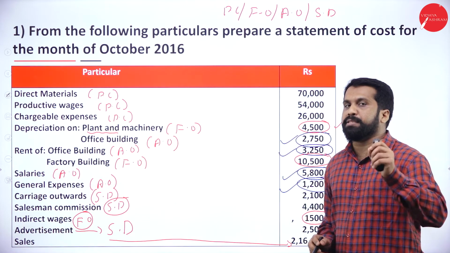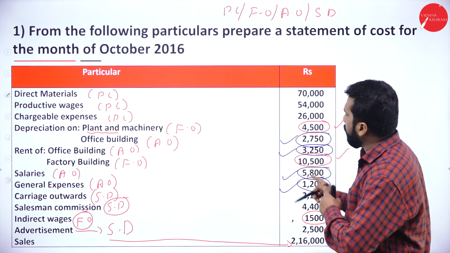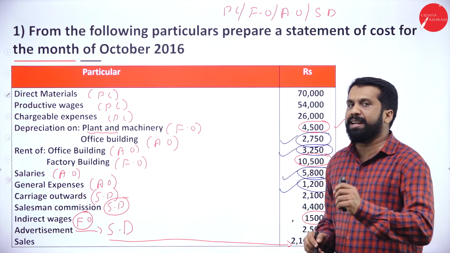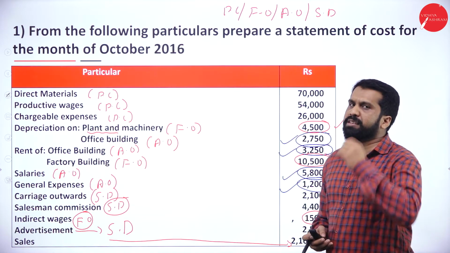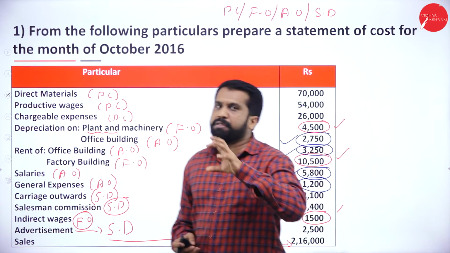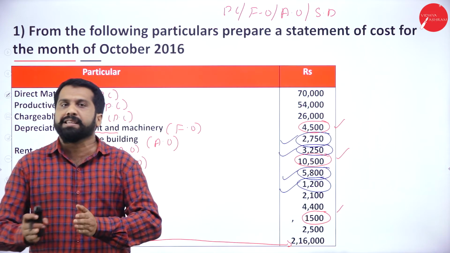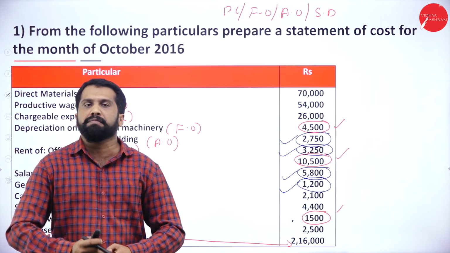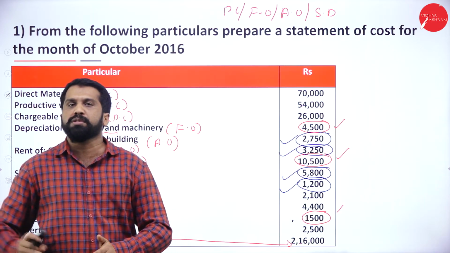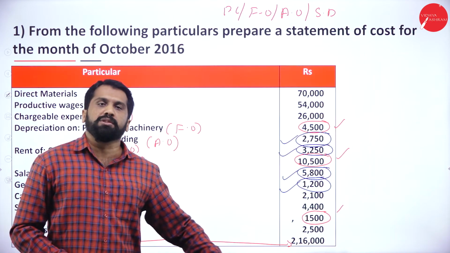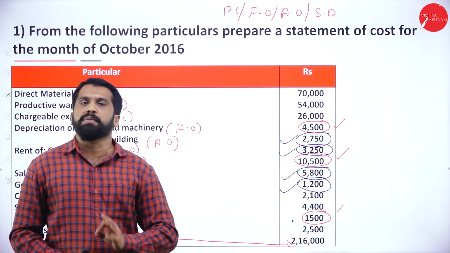So which are the items I'm mentioning in blue? All belongs to office and administration. It is very simple. They have given everything in a box. Just you have to segregate which goes to factory, which goes to office, which goes to selling and distribution, which goes to prime cost. Simple.